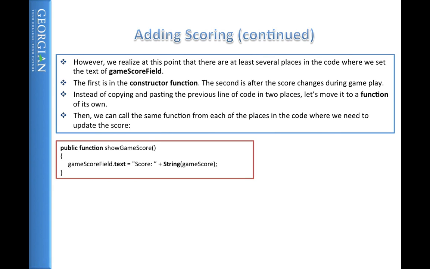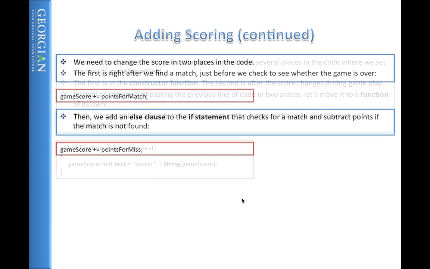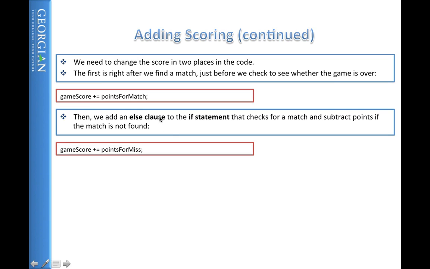Every time I turn over a card, I'm going to update the text value of my score. I'm also going to do this: gameScore plus equals pointsForMatch. I'm going to do the same thing with gameScore plus equals pointsForMiss. And it doesn't matter if I add a negative. If I add a negative, my value is going to go down.